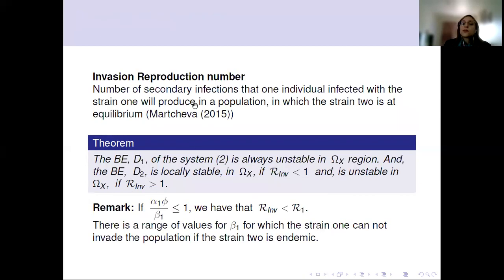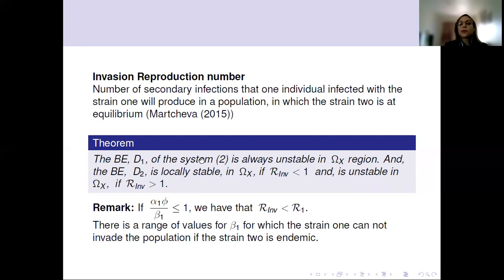So about the invasion reproduction number, this threshold is going to define when the coexistent equilibrium will be in the invariant region, and also the stability of the boundary equilibrium.